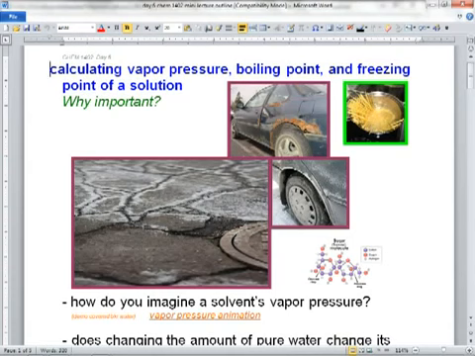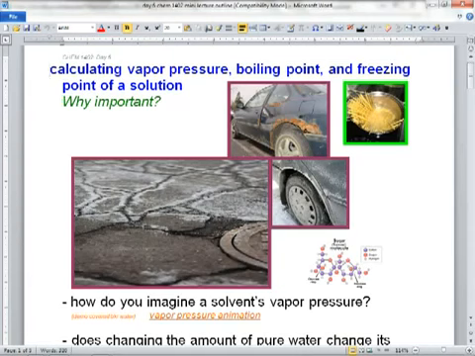Some factor is changing. What factor is changing? Not pressure. If I dump a little bit of sugar or a lot more sugar into water, does that change these things even more? Does it even change them?